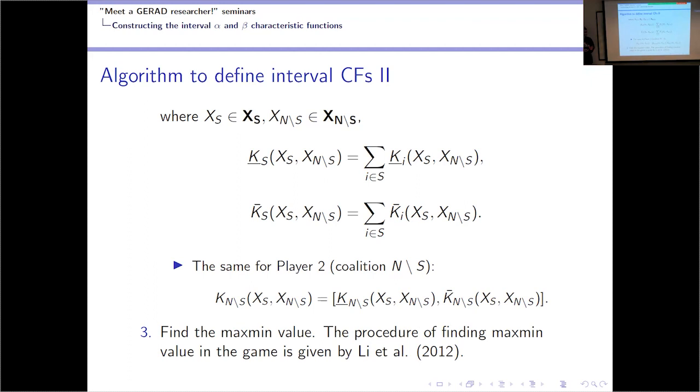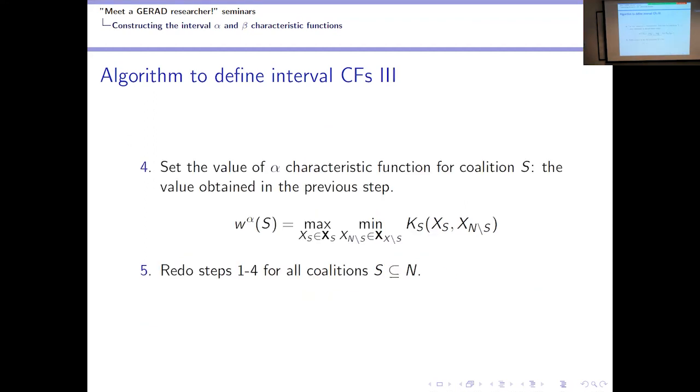The procedure of finding the max min value I'm going to show you later while giving an example, but for more detail, you can check Lee's paper. And before the last step, set the value of the alpha characteristic function that we obtained in the previous step. Here it is. And then repeat those steps for all possible coalitions.